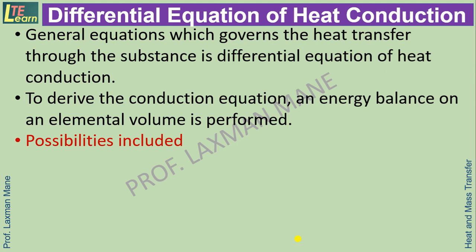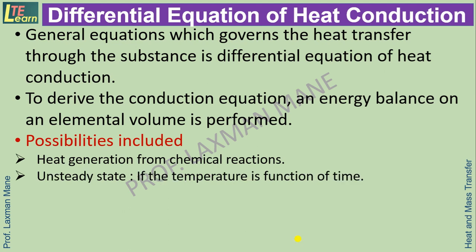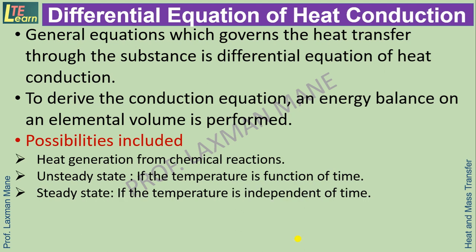Heat generation from chemical reactions is also considered. Here are two states. Unsteady state means the temperature is a function of time, and steady state means the temperature is independent of time.